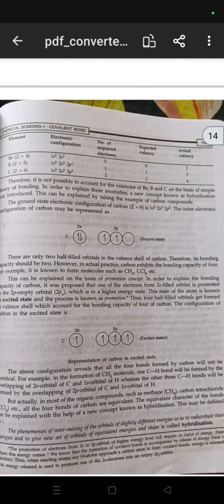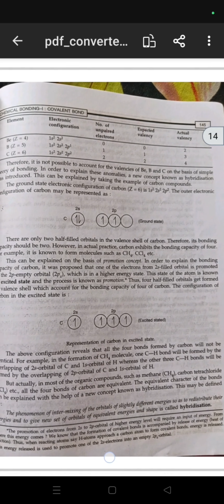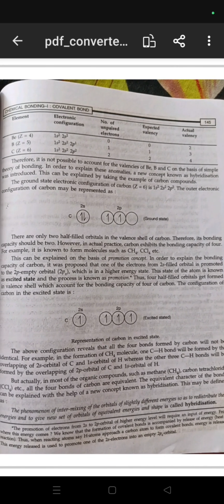Therefore, it is not possible to account for the valences of beryllium, boron, and carbon on the basis of the simple theory of bonding. In order to explain these anomalies, a new concept known as hybridization was introduced. This can be explained by taking the example of carbon compounds.